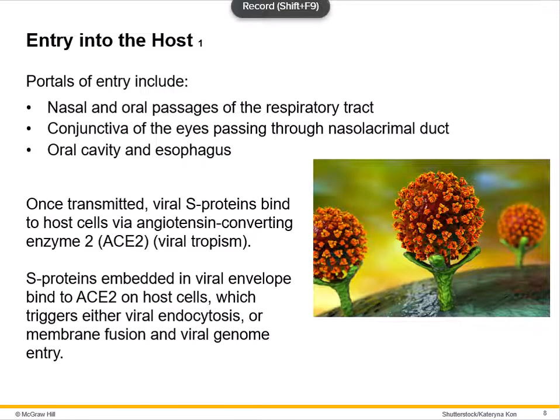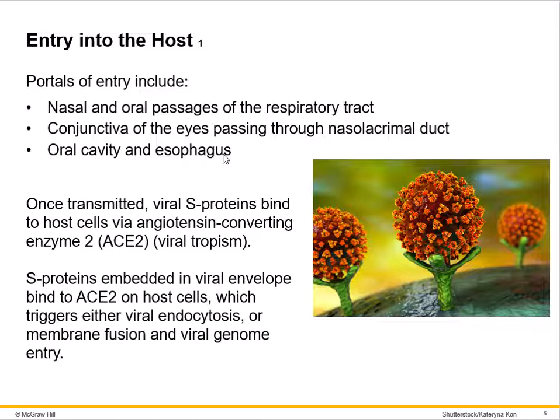Once the virus is transmitted from one infected individual to a healthy individual, the entry port could be the respiratory tract, and that's the most common one. We can also have the entry port in the mucosa of the eyes or oral cavity and esophagus.